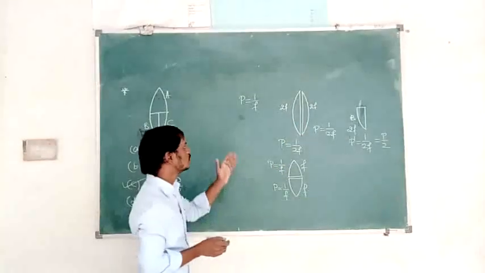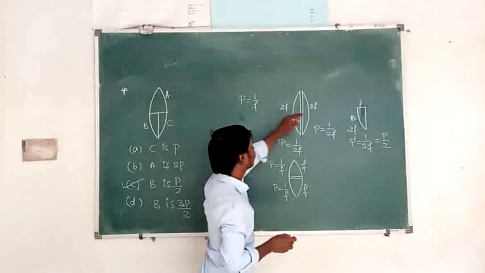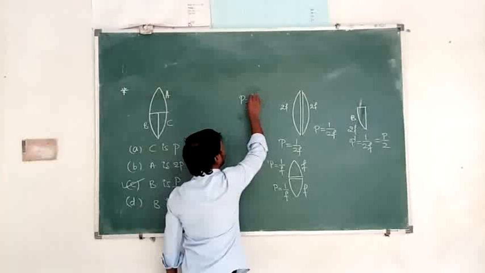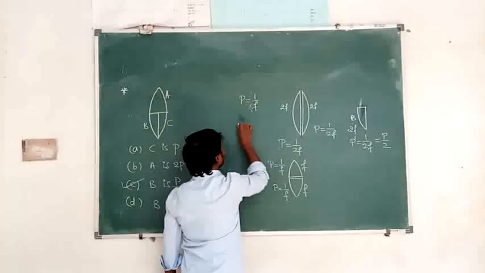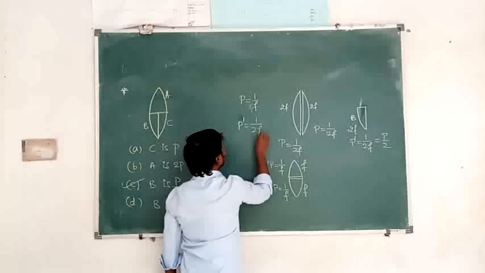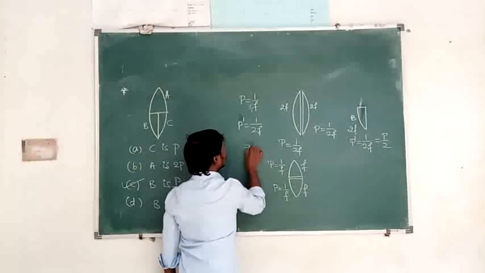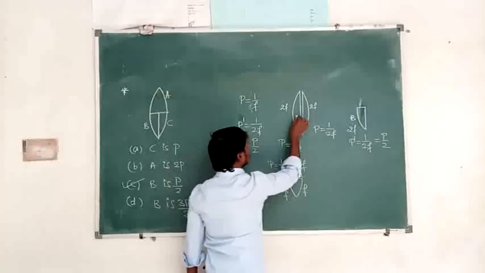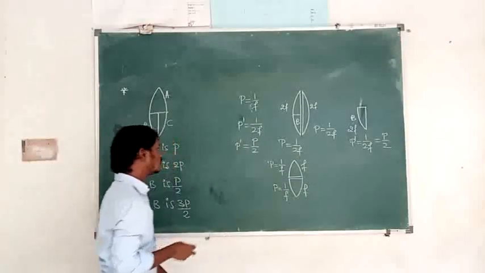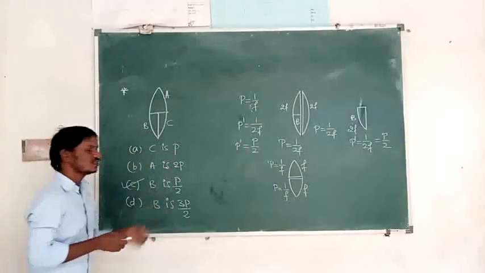After cutting along the principal section, its focal length becomes 2f. So before cutting it is 1 by f, after cutting it is 1 by 2f. What is 1 by f? That is the power before cutting, so it is P by 2. Hence this part is taken as B. So what is the power of part B here? That is P by 2. Then C is the correct answer.